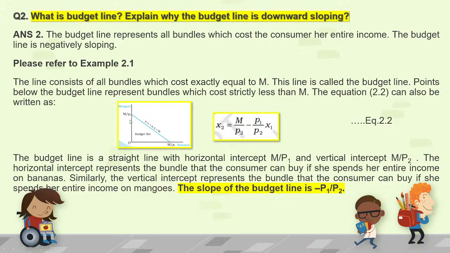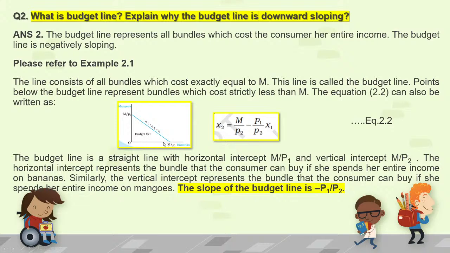On the other hand, the vertical intercept, which is M upon P2, is showing the situation where the consumer is not at all buying any units of bananas and spends his or her entire income on mangoes. Now if we talk about the slope of this budget line, it is nothing else but the ratio of the two prices, price of good 1 and price of good 2. It is negatively signed.